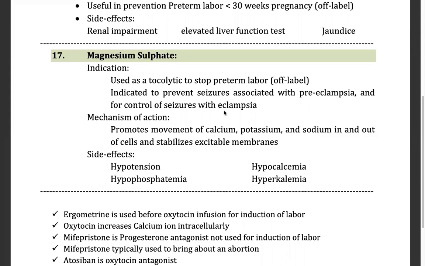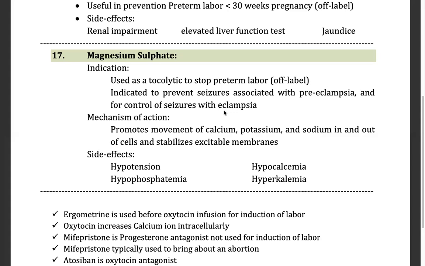If the blood pressure is higher and there is protein in the urine after 20 weeks of pregnancy, there is a chance of seizure in the woman, and this condition is termed eclampsia. So magnesium sulfate is used off label to control the preterm labor.